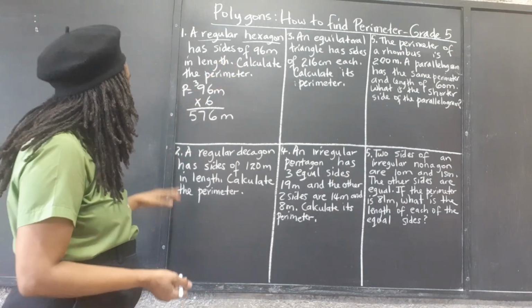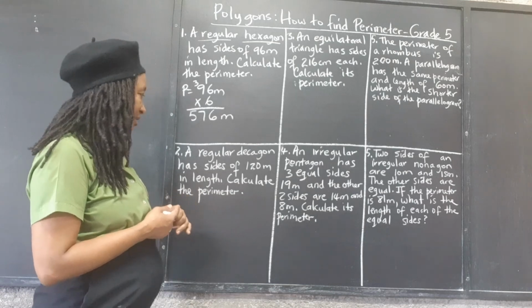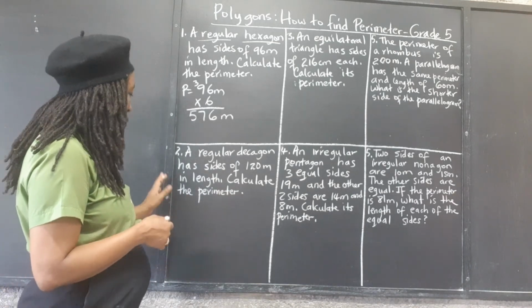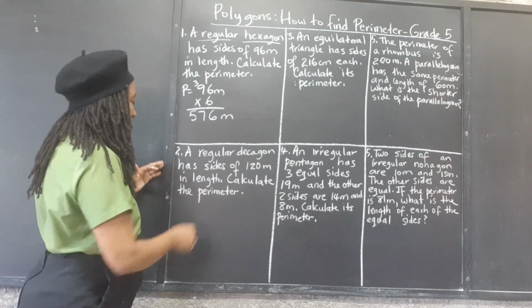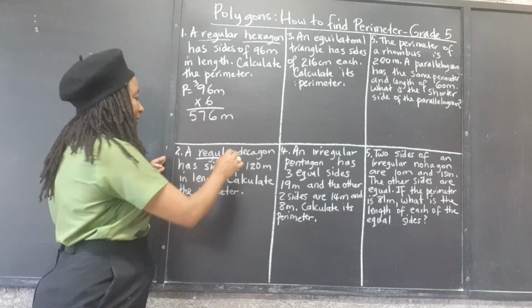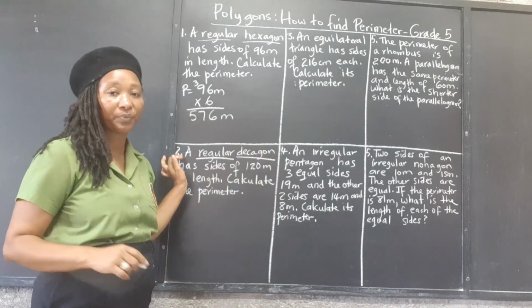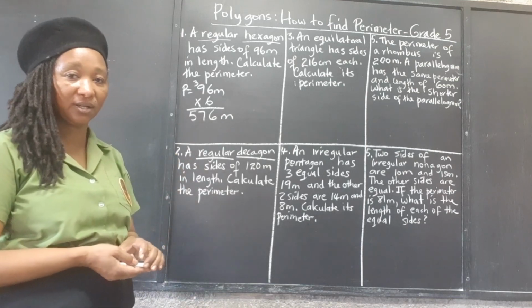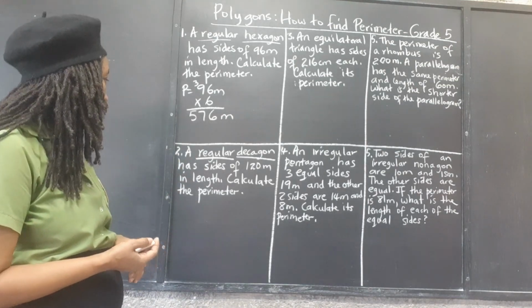Number 2, a regular decagon has sides of 120 meters in length. Calculate the perimeter. So regular means all sides are equal. Decagon means 10 sides. A 10-sided polygon is called a decagon.